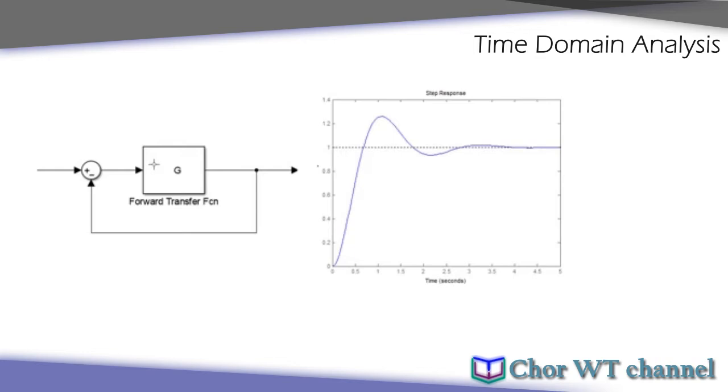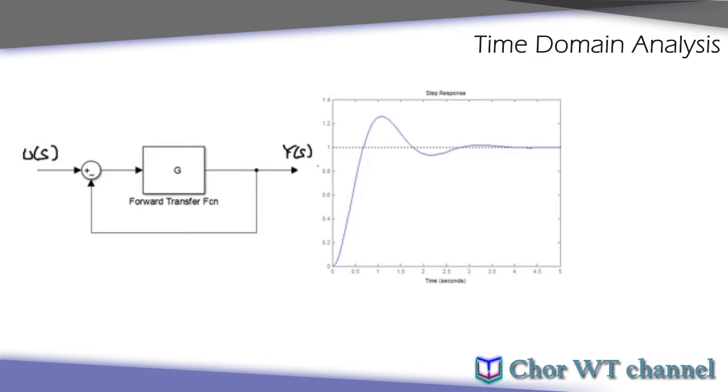a forward transfer function normally labeled as G, and we have a sum. The minus here means that we are taking the negative feedback from the output. So let's do some labeling. As usual, we will label the output as Y(s) and the input as U(s).